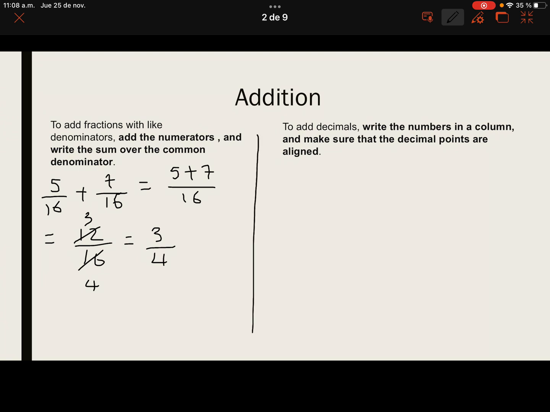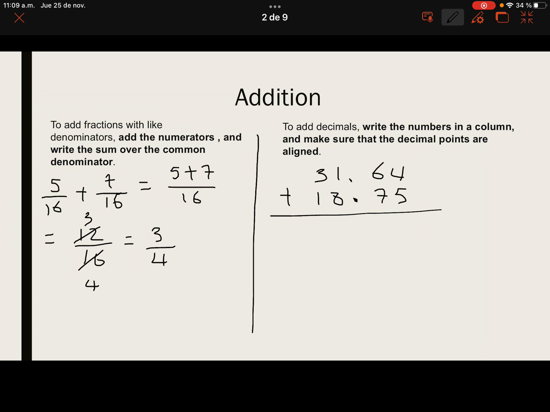Let's analyze this example: 31 and 64 hundredths plus 18 and 75 hundredths. Let's see that the decimal point is aligned. That's the mandatory condition, and solve the addition as usual.